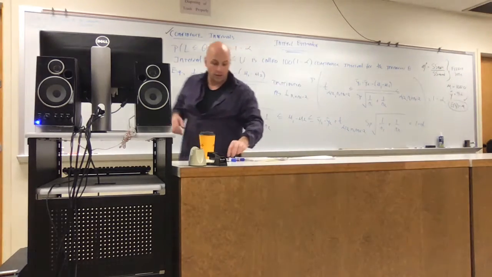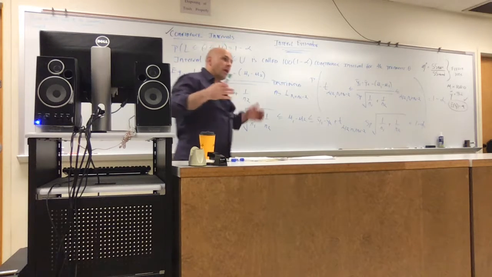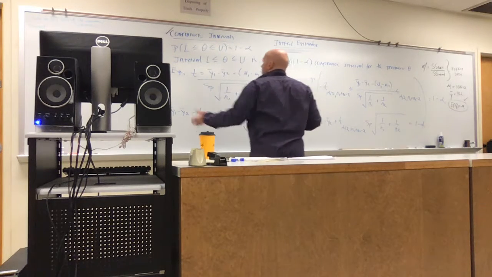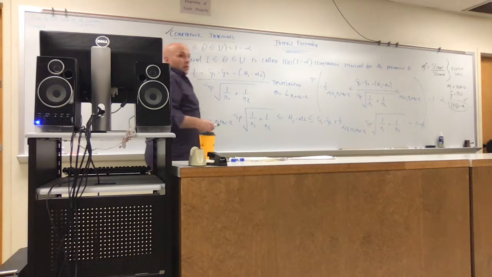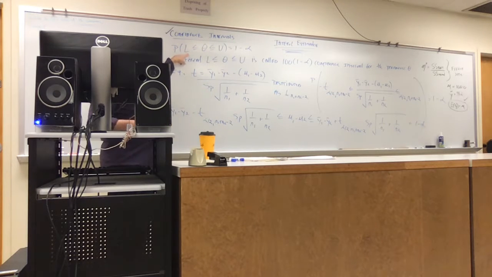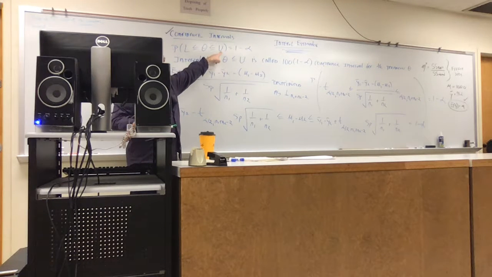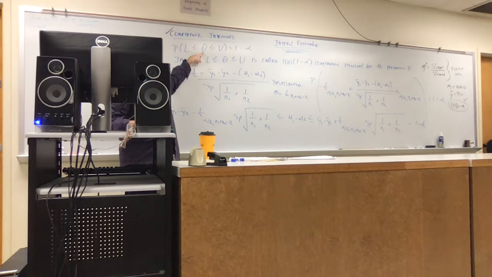Well, let's use the language of probability. We've been talking about the idea of probability here. We have a lower limit, there's an upper limit, right? This is theta, the parameter that we're after. Different sources use different names for parameters.